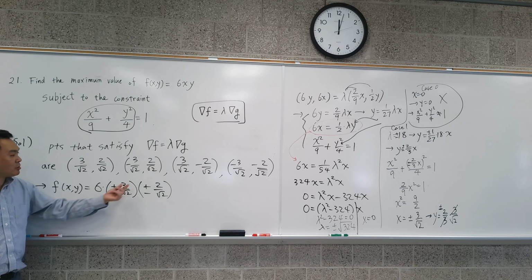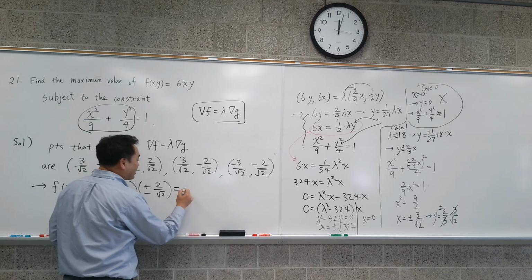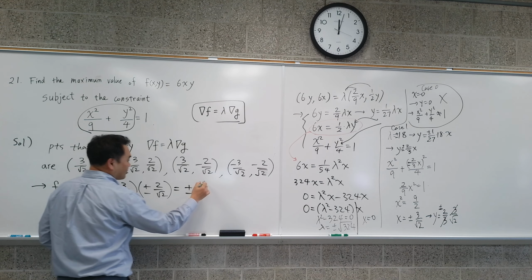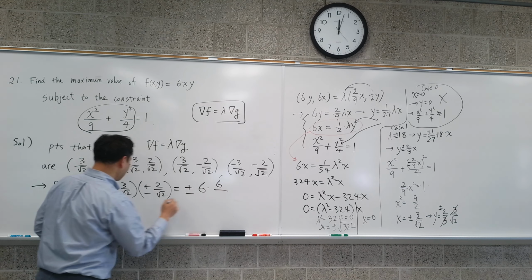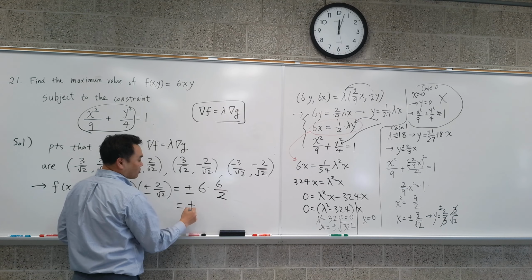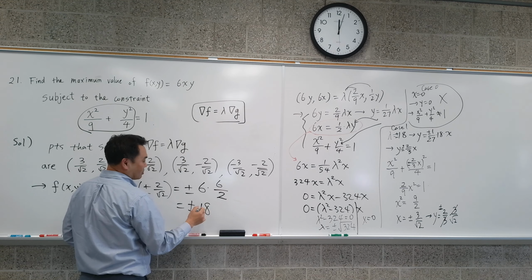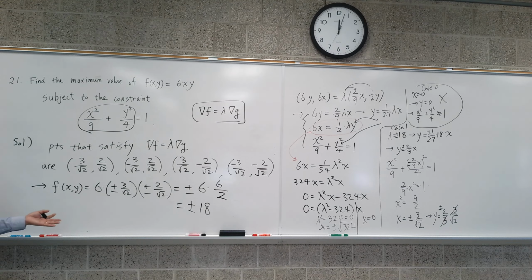So it's either plus or minus of 6 times, 3 times 2 is 6 on top, and then square root of 2 times square root of 2 gives you 2 on the bottom. So you get plus or minus 18. Because 6 over 2 is 3, 3 times 6 is 18. And then what is plus minus 18? Well, those are the values of this function at the Lagrangian points. So the maximum would be 18.